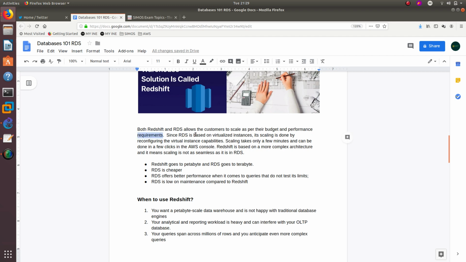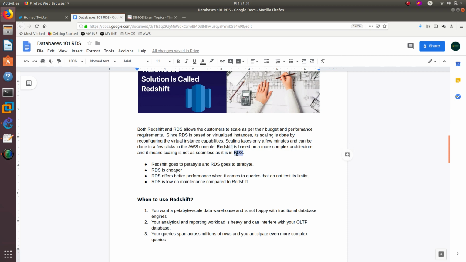Since RDS is based on virtualized instances, its scaling is done by reconfiguring the virtual instance's capabilities. Scaling takes only a few minutes and can be done in a few clicks in the AWS console. Redshift is based on a more complex architecture, and it means scaling is not as seamless as it is in RDS.